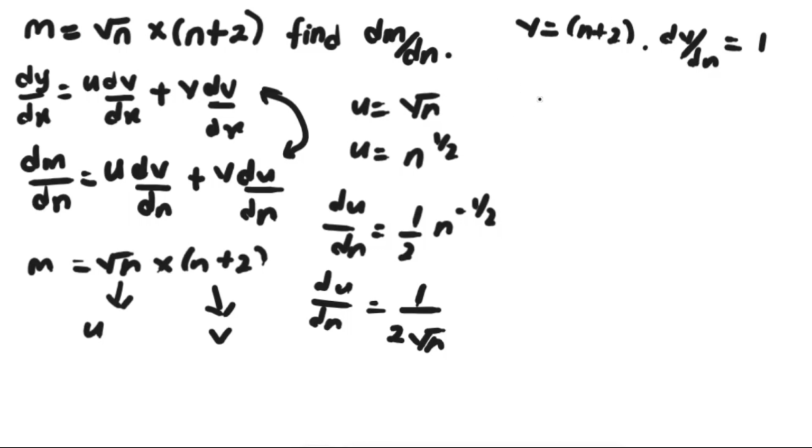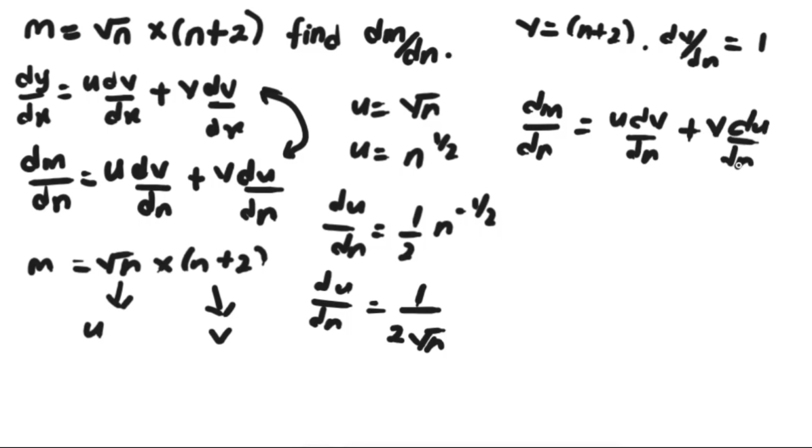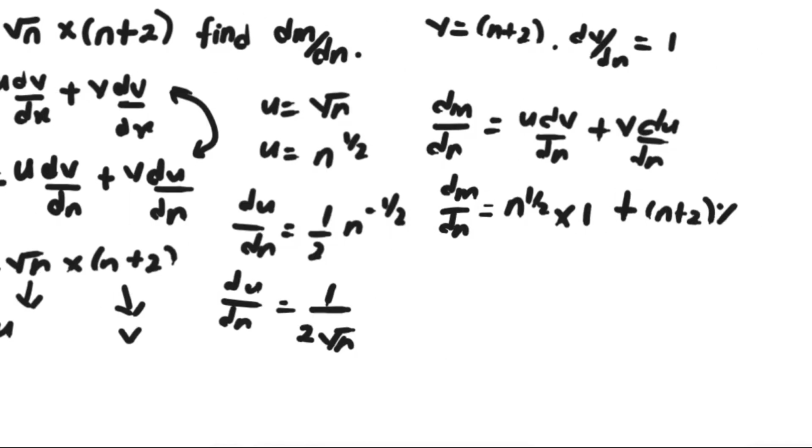Now, inputting into the formula, dm/dn is equal to u dv/dn plus v du/dn. So dm/dn will give us our u, which is n raised to power 1/2, times dv/dn, which is 1, plus our v, which is n plus 2, times our du/dn, which is 1 over 2 root n.